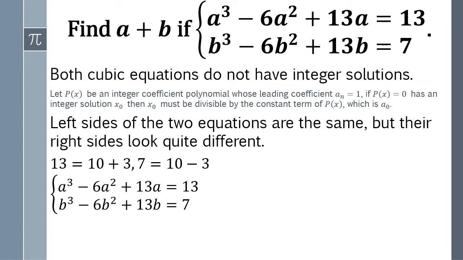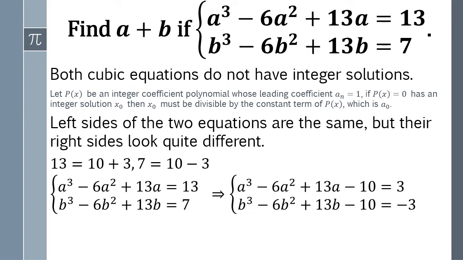Then the original equations become a cubed minus 6a squared plus 13a minus 10 equals 3, and b cubed minus 6b squared plus 13b minus 10 equals minus 3.